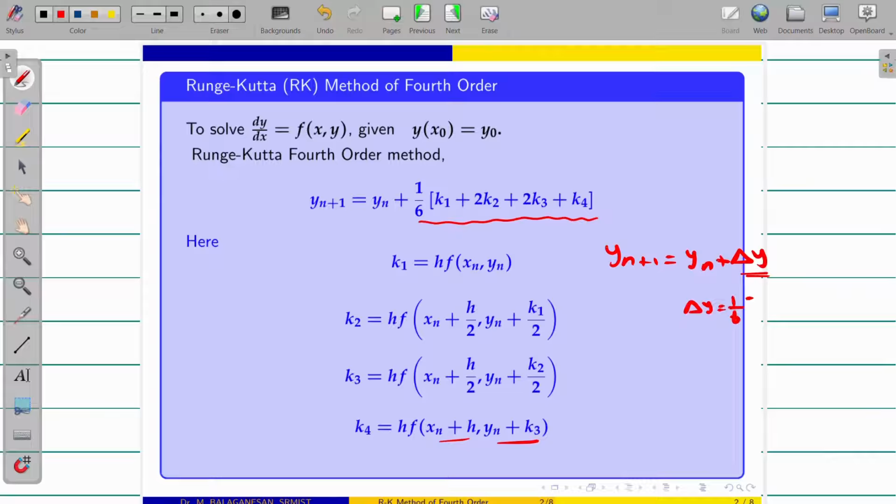Either this or that you can follow. I have given it directly like this, so there is no need to find delta y separately and then substitute it. Directly we can write the formula.